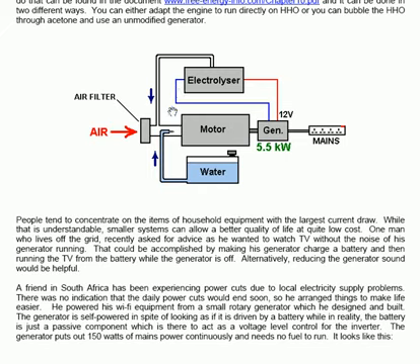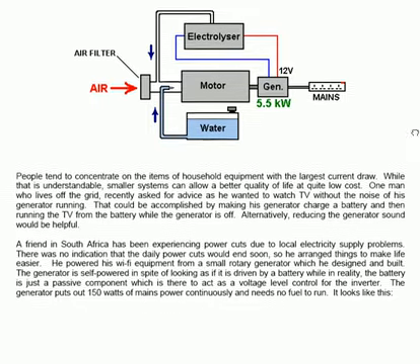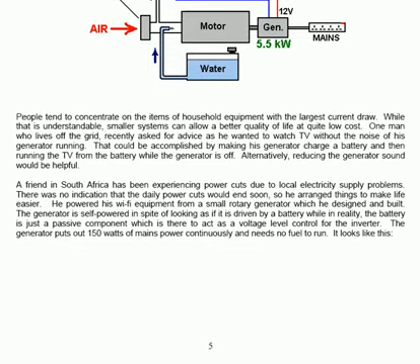People tend to concentrate on the items of household equipment with the largest current draw. While that's understandable, smaller systems can allow a better quality of life at quite low cost. One man who lives off the grid recently asked for advice as he wanted to watch TV in the evening without the noise of the generator running.